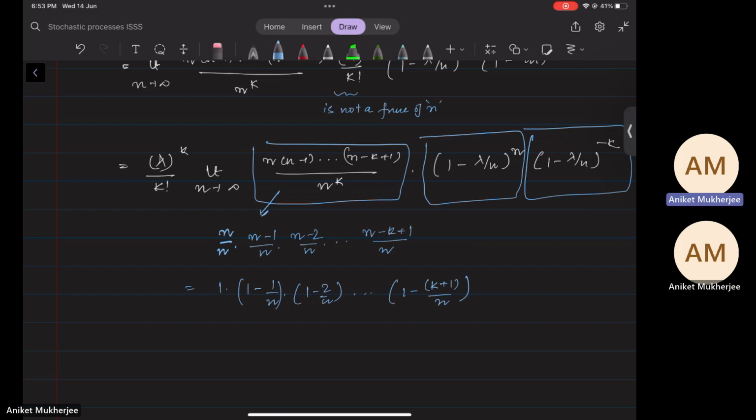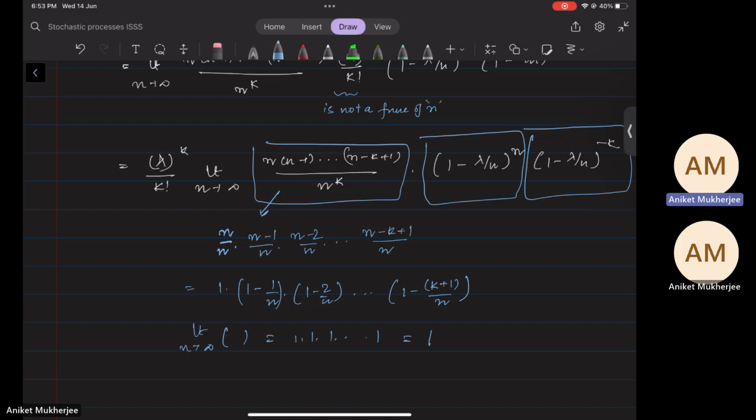So as you keep on increasing n, the limit of this as n tends to infinity would be just 1 into 1 into 1 into 1. So the limit of this is 1.